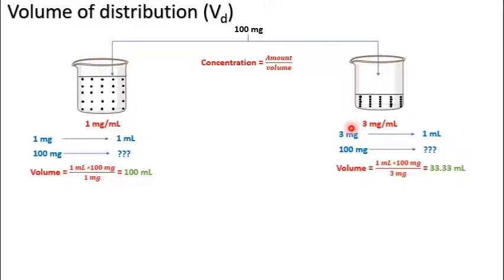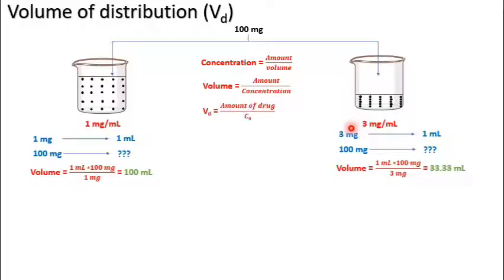And by this same idea we have discussed, we can measure the volume of fluid in which our drug is distributed. How can we do this? We give a known amount of the drug. Then shortly after, we take a blood sample and measure the concentration in this sample.